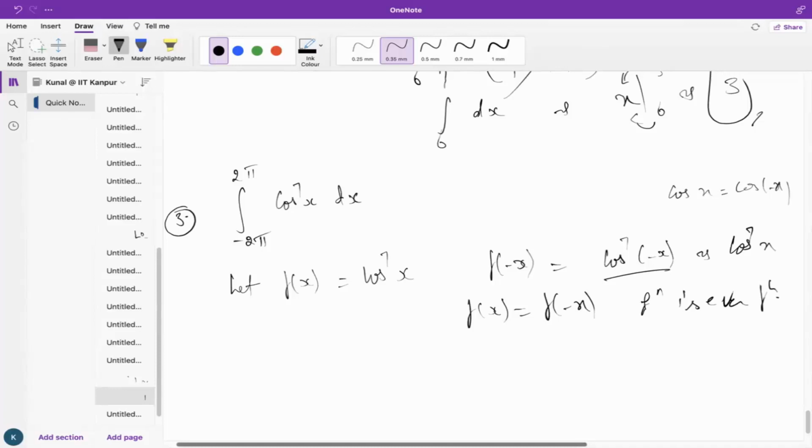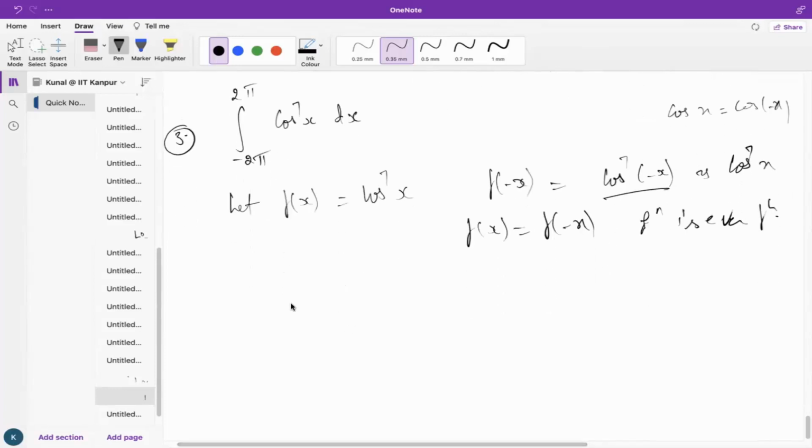the odd even rule. So applying the odd even rule here. So what did we get? Actually, we have to take from -2 pi to 2 pi cos to the power 7x dx.